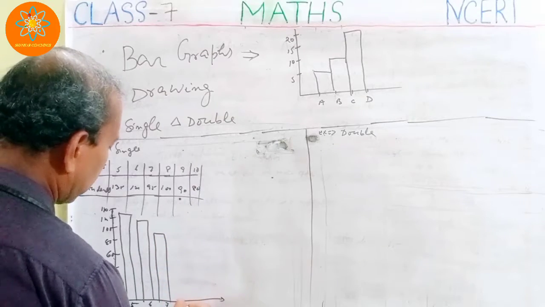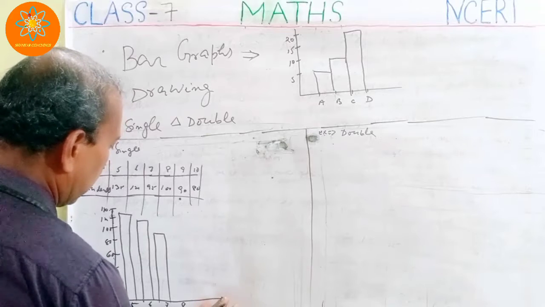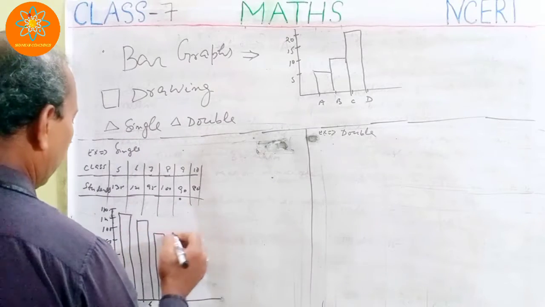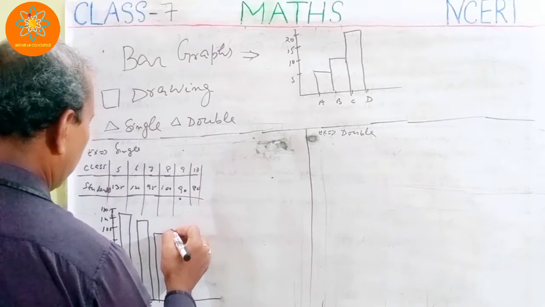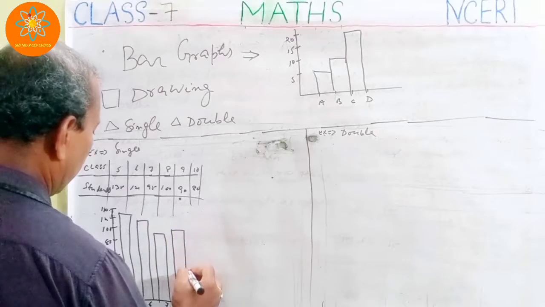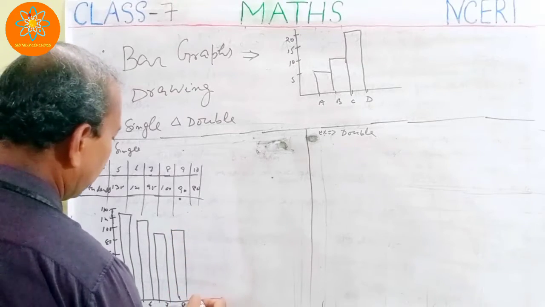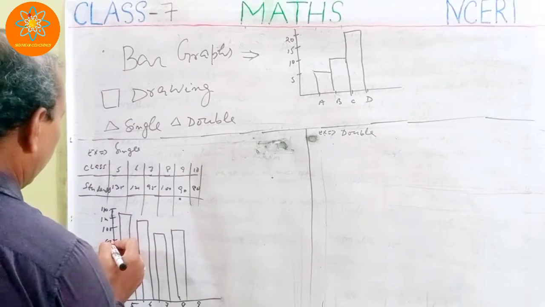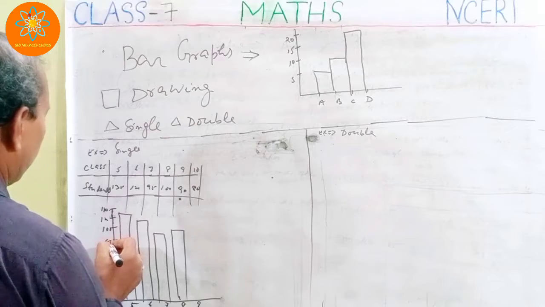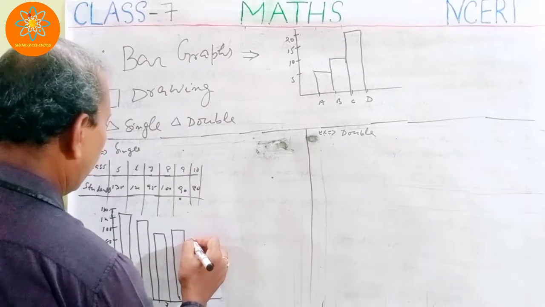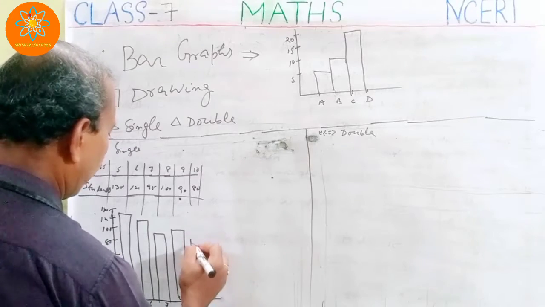Then 8th class. In the 8th class it is 100. Then 9th class, 90. So it is 80, so here it is somewhere 90.